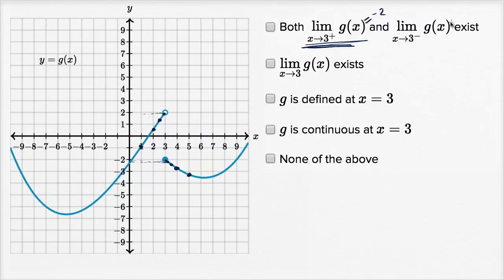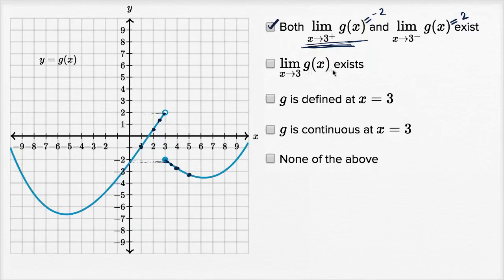So it looks like this thing right over here is approaching 2. So both of these limits, the limit from the right and the limit from the left, exist. The limit of g of x as x approaches 3 exists. So these are the one-sided limits. This is the actual limit.